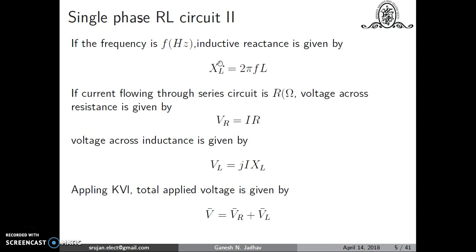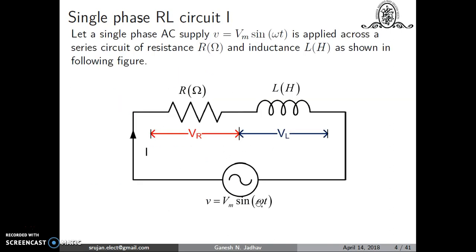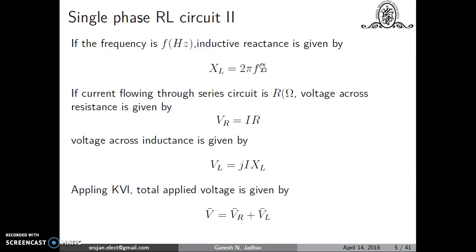If the frequency is f hertz, that means omega is equal to 2 pi f, then the inductive reactance is given by XL is equal to 2 pi fL ohm.